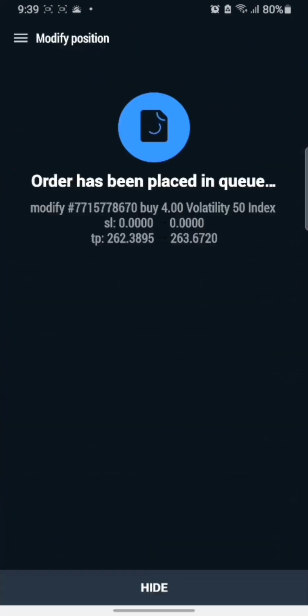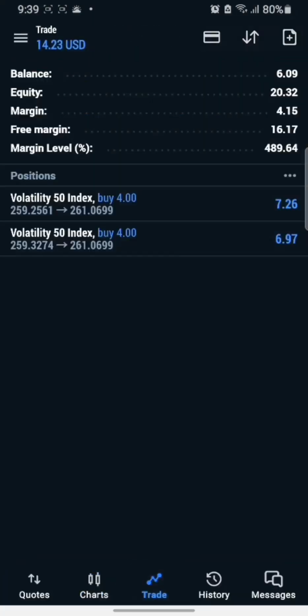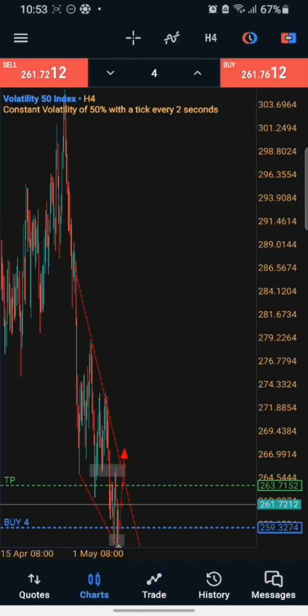So I'm adjusting my TP to the next TP so that I can collect more profit. And then now we are in $9 each. We're going to continue holding.